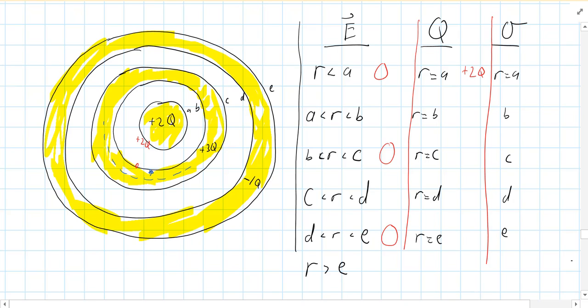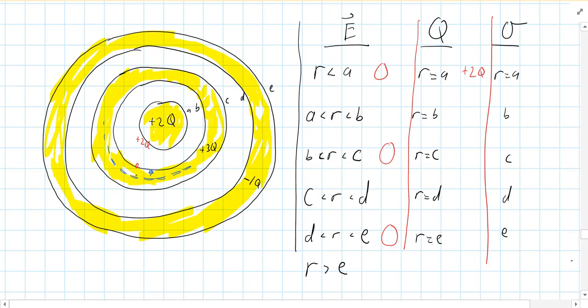Therefore, the total charge within this dashed sphere that I've just drawn has to be zero because the field within that area is zero. And remember, Gauss's law says Q in over epsilon naught equals the double integral of E dot dA. So if E is zero, then Q in must be zero.